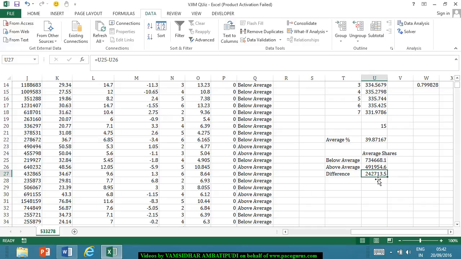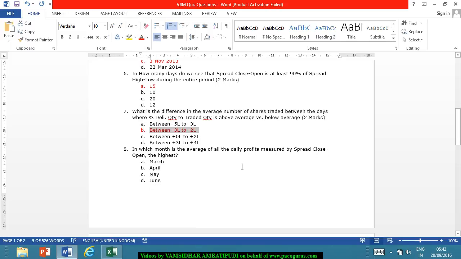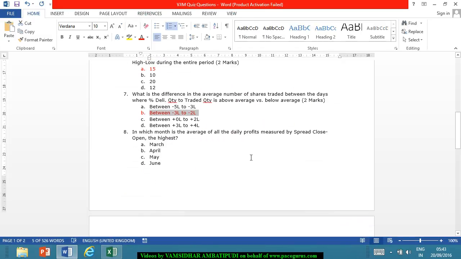Okay, so I have to take it the other way: above average minus below average, which is working out to minus 2,42,000. So minus 2,42,000 is between minus 3 lakhs to minus 2 lakhs, which is what is helping me to make the answer minus 3 lakhs to minus 2 lakhs, which is the B.